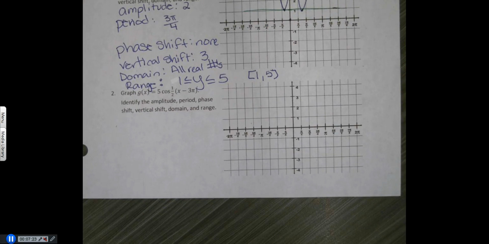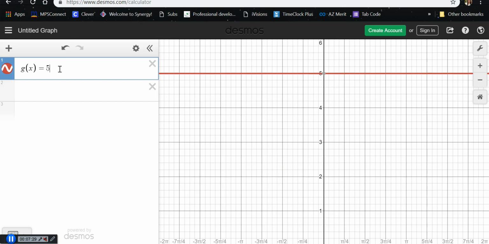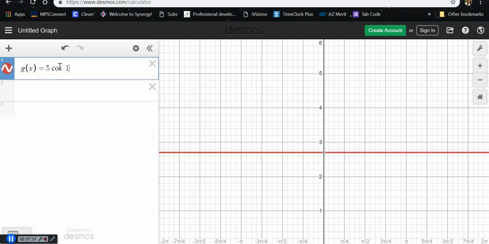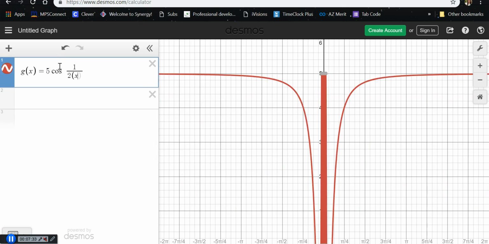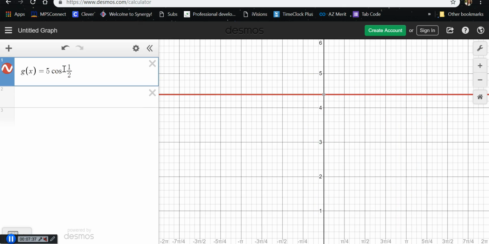I'm going to switch back to Desmos really quick to type in this one. Let's delete this one. G of x equals 5 cosine, parentheses, x minus 3 pi. Whoa, that was not what the function is.